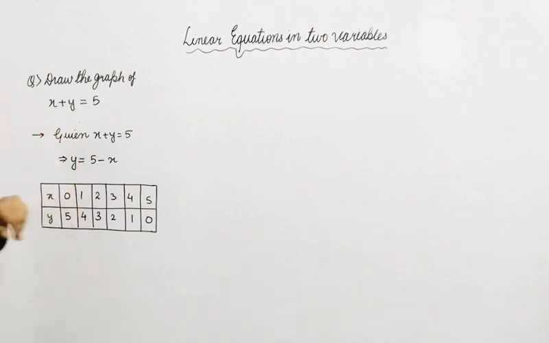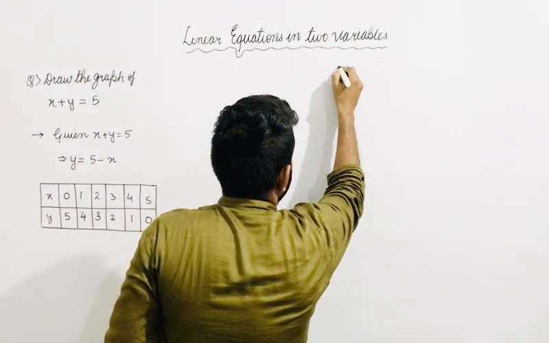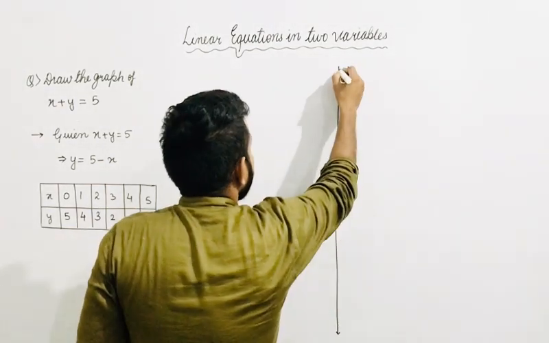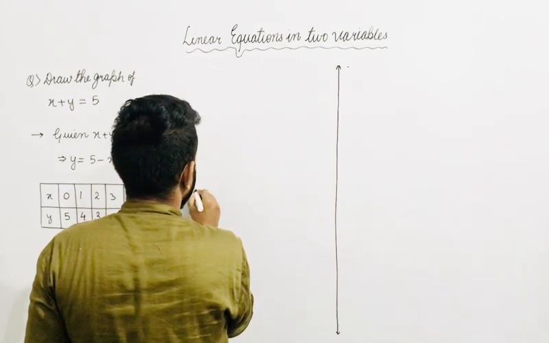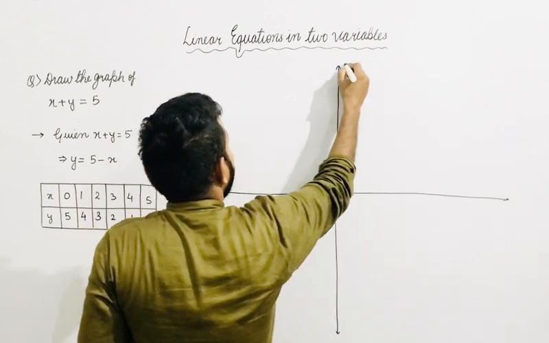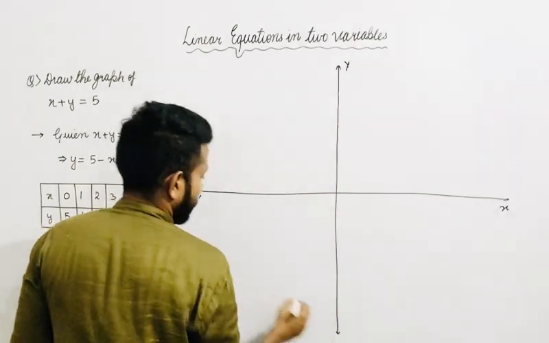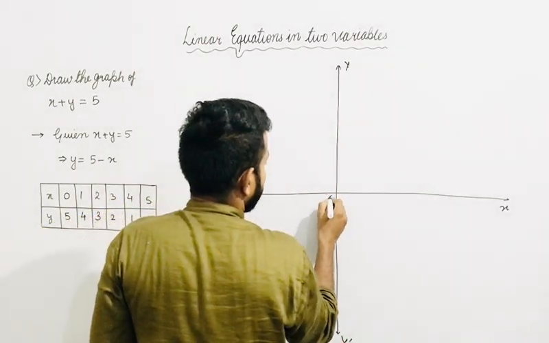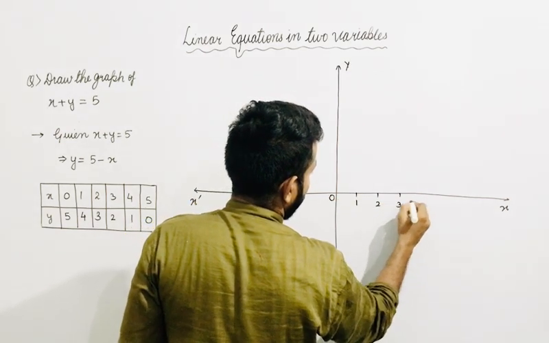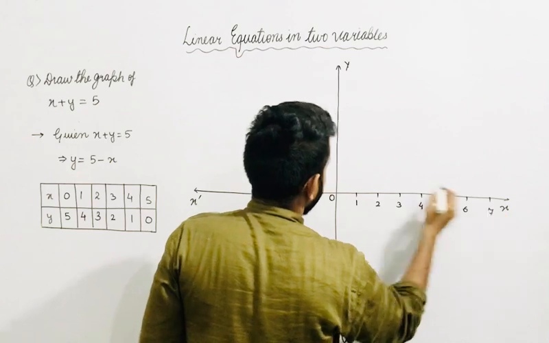Now how will you represent it? Draw the graph. I'll tell you how to draw the graph. Make it like this. It is the positive y-axis, it is the positive x-axis, it is the negative x-axis, it is the negative y-axis. This is the center, 0. This is 1, 2, 3, 4, 5, 6, 7.